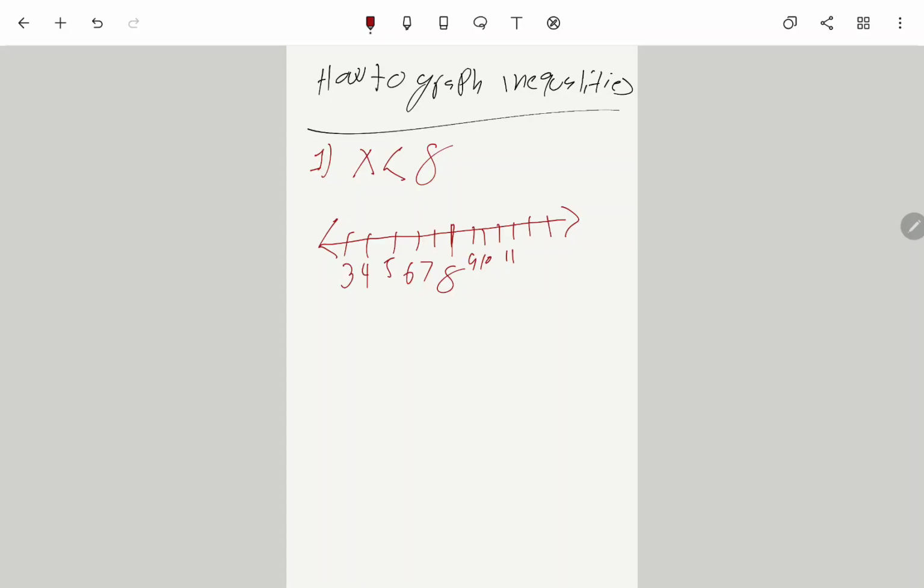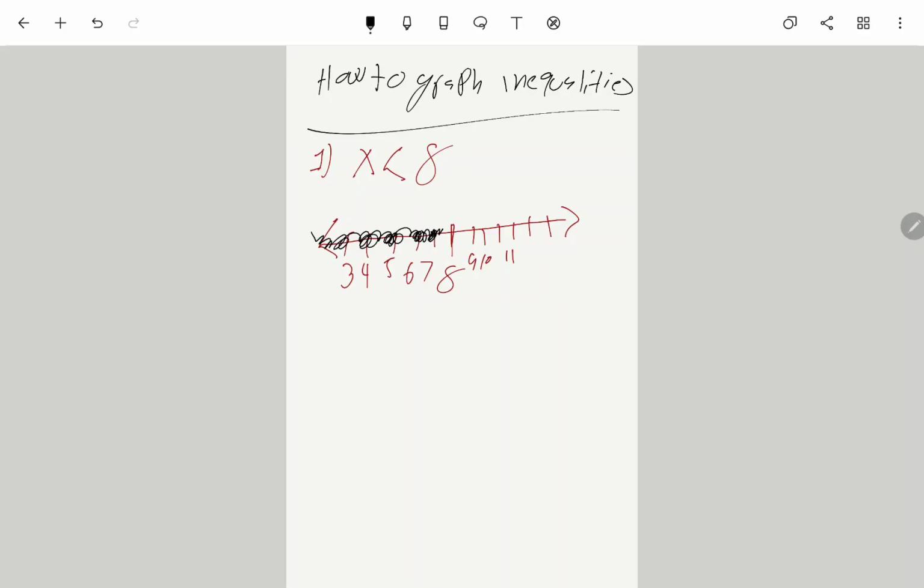So now remember, x is all numbers less than 8. So which numbers are less than 8? The numbers less than 8 are 7, 6, 5, 4, 3, infinite.